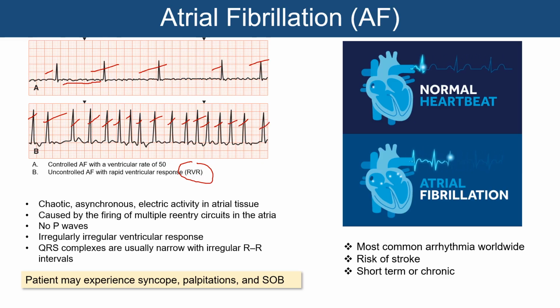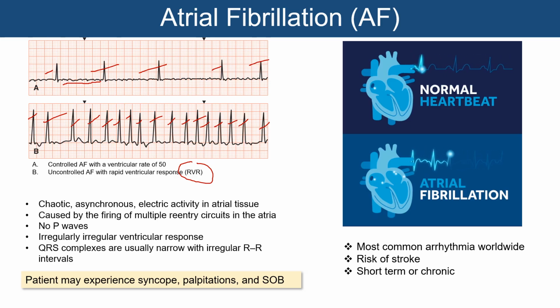So this has a heart rate of 17 times 10, so 170 beats per minute. That is very fast. So these patients with atrial fib, when it is in rapid ventricular response, can experience syncope, palpitations, and shortness of breath. So that is symptoms. So that's symptomatic.